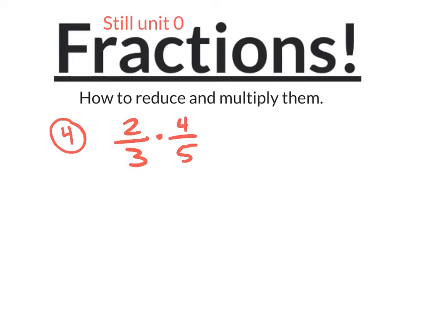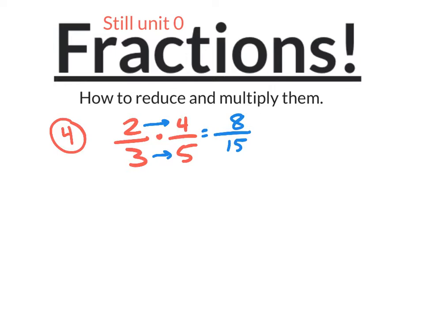Some students say cross multiply. No, don't cross multiply. That's when we're solving proportions when you have a fraction equal to a fraction. It's really simple to multiply fractions. You simply take the top number and multiply with the top number. 2 times 4 is 8. And 3 times 5, the bottom with the bottom, is 15. And then, of course, you're supposed to try and reduce. But 8 over 15 cannot be reduced. You can't reduce by 2, can't reduce by 3. That's it, you're done. Easy peasy?